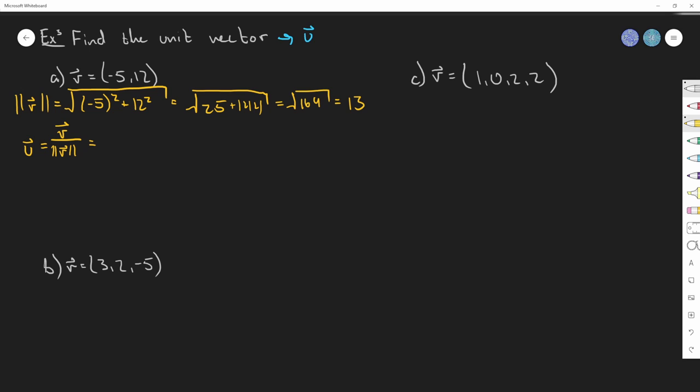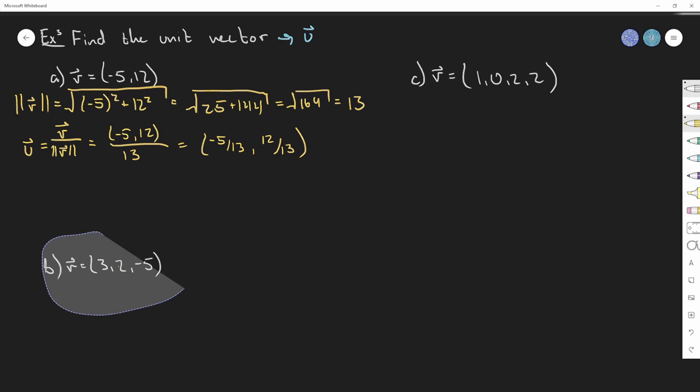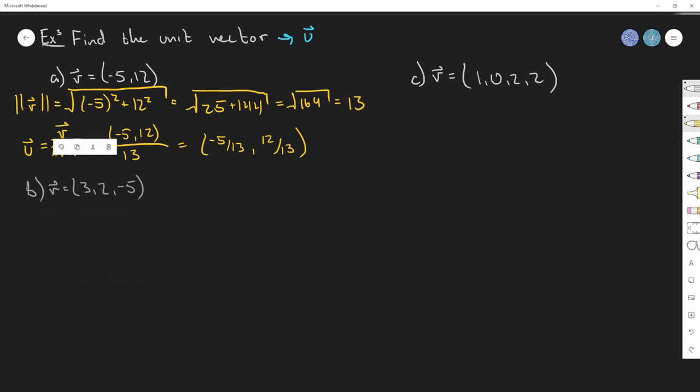So this would be -5, 12 all over 13. We distribute the 13 and we'll have -5 over 13, 12 over 13. So that is our answer. Cool. Didn't even have to use a lot of space.